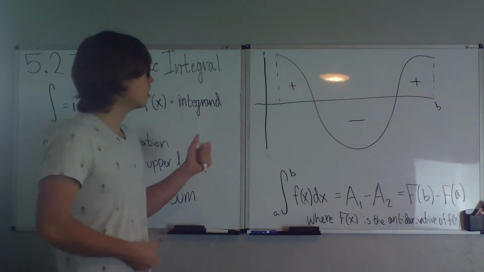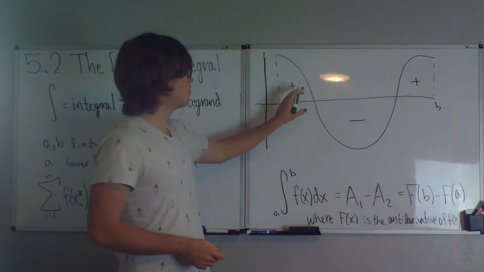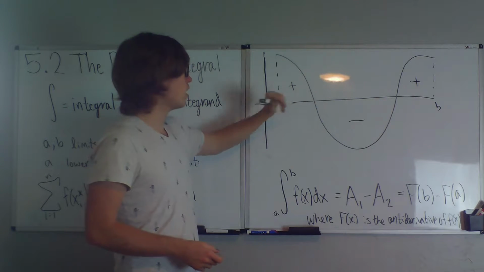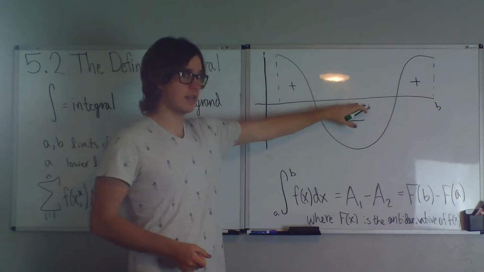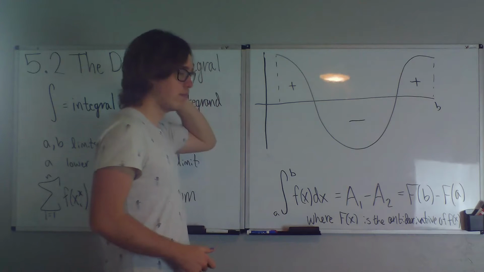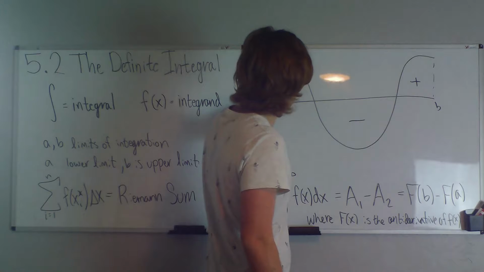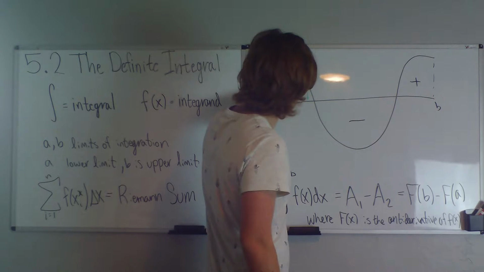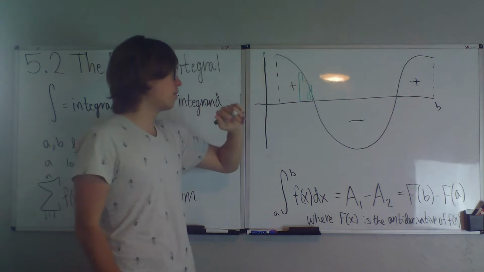Well, we know any area below the curve but above the x-axis is positive, any area above the curve but below the x-axis is negative, and so on. So, what we had to do last video was break it up into these little rectangles, whether they're overestimations, underestimations, whatever they may be, and we would have to just add up the areas.